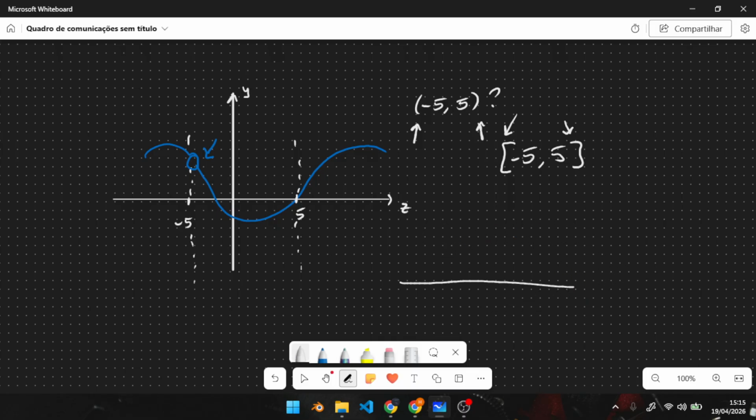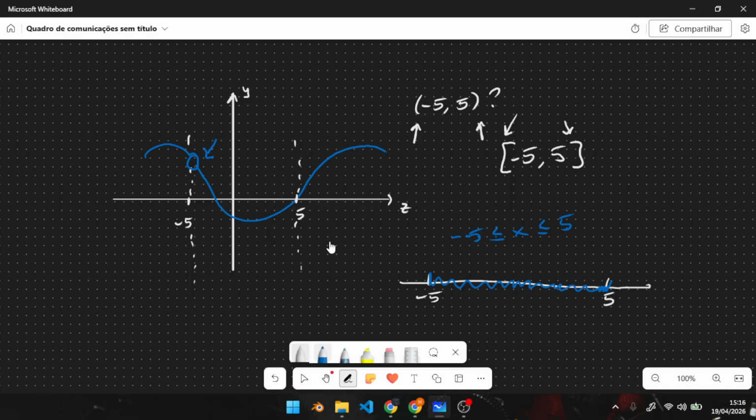Now we're talking about an interval that actually considers both ends. So now it comes from minus 5 all the way to 5 inclusive. Okay, well, that would be like minus 5 less than or equal to x, less than or equal to 5.